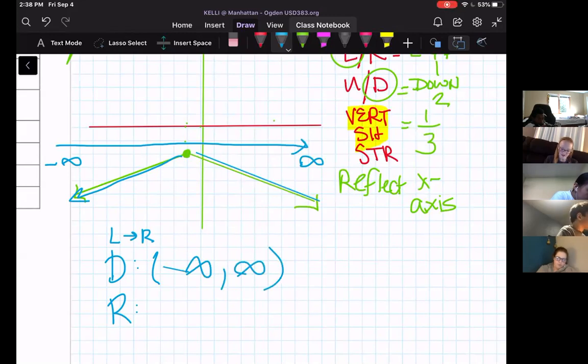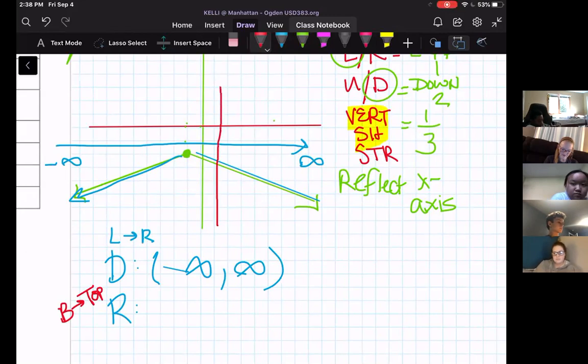For the range then, range is from the bottom to the top, right? So it's from down here, it's coming from where? Is there like a bottom limit?